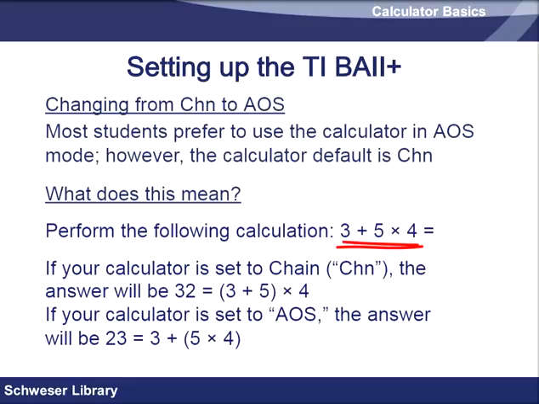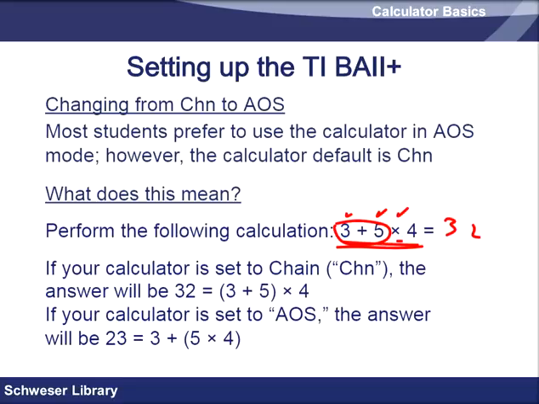So if I just put in 3 plus 5, when I hit times, that also does an equal function in chain mode. So 3 plus 5 is 8. I hit the times, and then you'll see 8 in the display. Enter 4, enter equal, and you'll get 32.